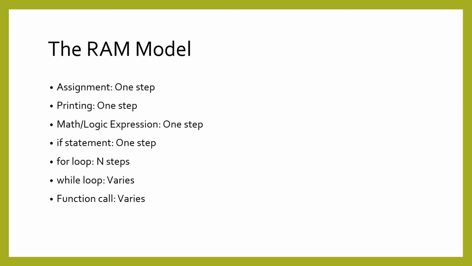In the RAM model, most simple actions such as assignment or printing take a single step. In fact, all math and logic expressions take a single step too, even if there are many operations inside of the expression. However, for and while loops are more complicated, as are function calls. The for loop is not usually so bad, since it usually means that we just have to do one additional step for each element of the input.